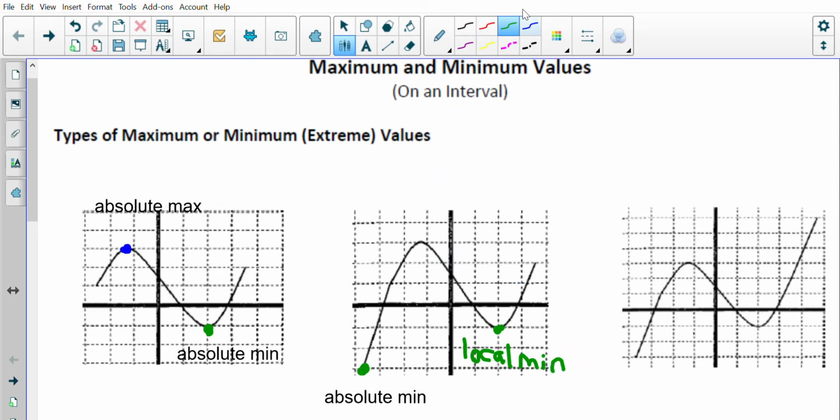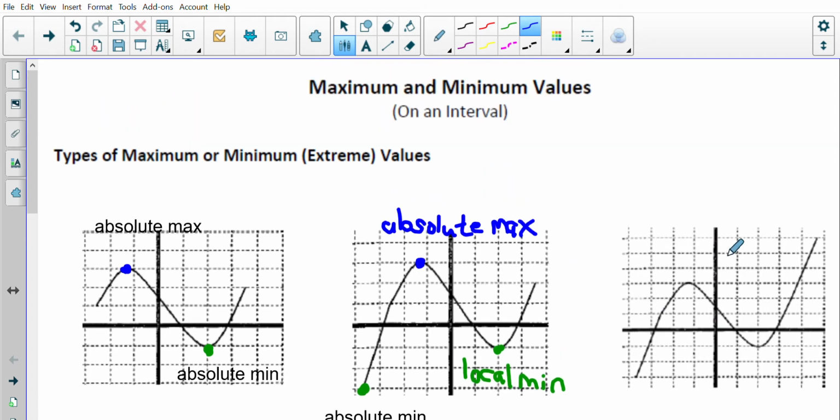Now, in terms of maxes, this is the absolute highest spot of this function on this interval, and so this would be called the absolute max. Now, this spot here, it's nothing. That's just an endpoint.